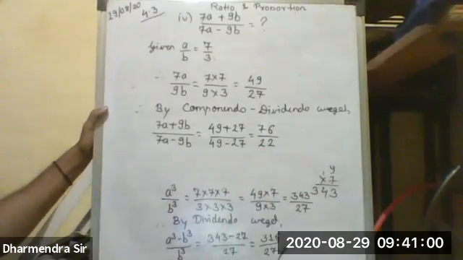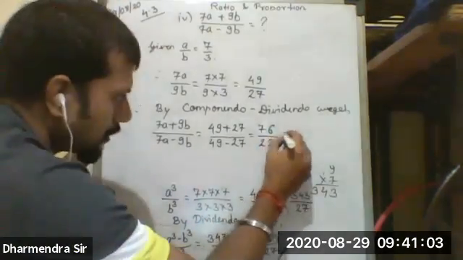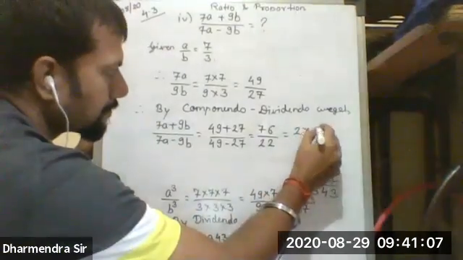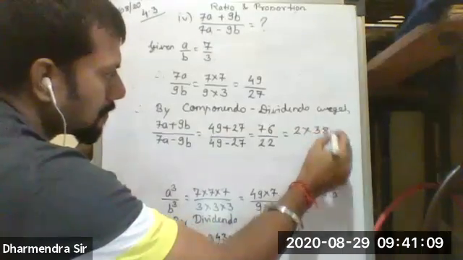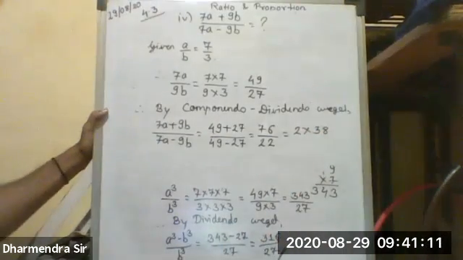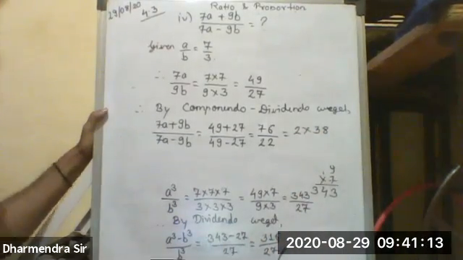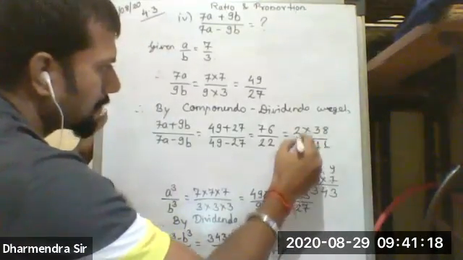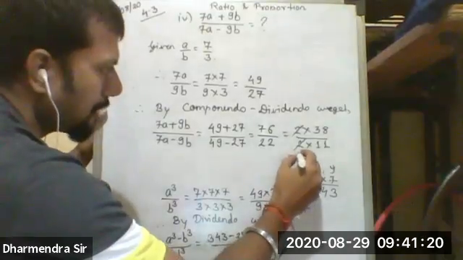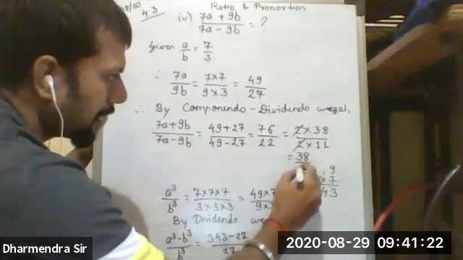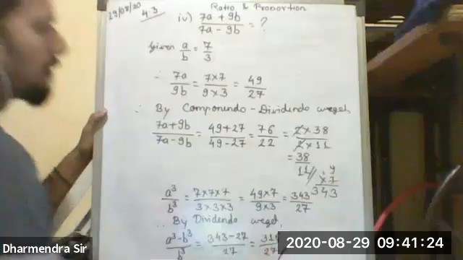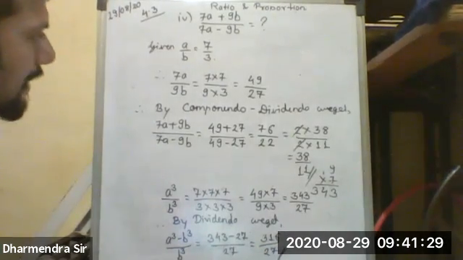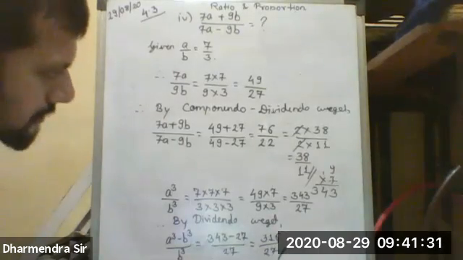As you can see, we are having a common multiple, say 2 into 38 upon 2 into 11. 2 gets cancelled. What remains? 38 by 11. You can check. So we have completed question number 1, 4 sub questions.